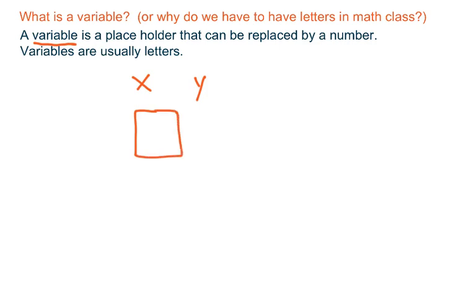You can put any number in that box that you want. You can put a 5 in there. You can change your mind. And you could put a 4 in there. Any number that you choose. So as we talk about variables in the future, think of them as actually being more like a box where you can place numbers.